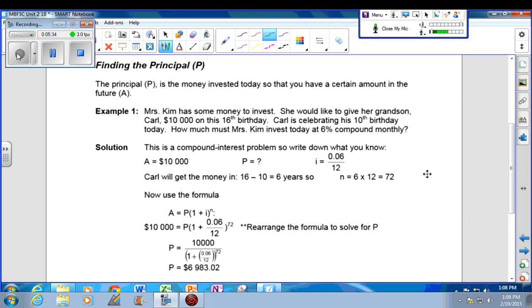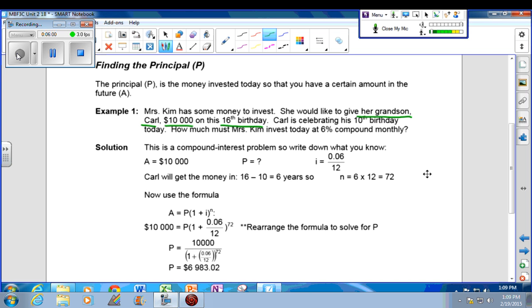So let's take a look at example one. It says Mrs. Kim has some money to invest. She would like to give her grandson, Carl, $10,000 on his 16th birthday.